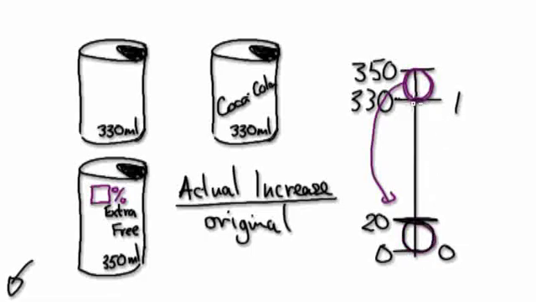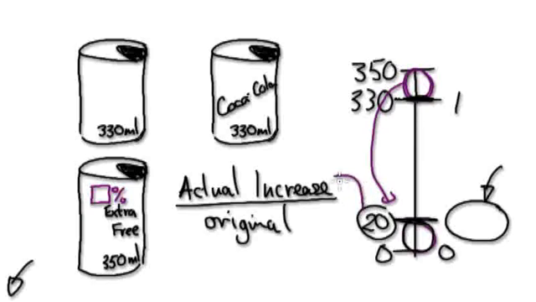How does this 20 compare to the original? What is the decimal representation at the 20 level? So this 20 is the actual increase, and the original is 330.